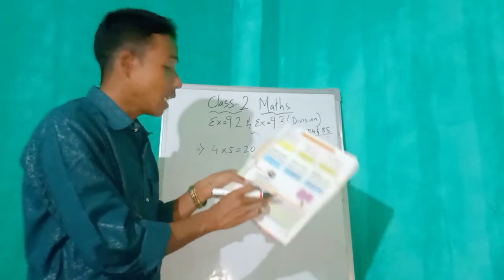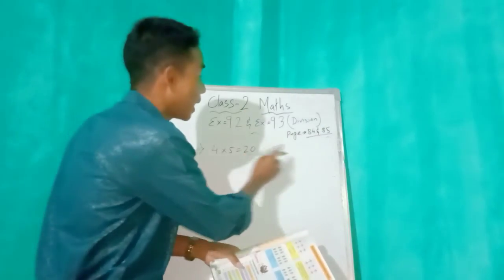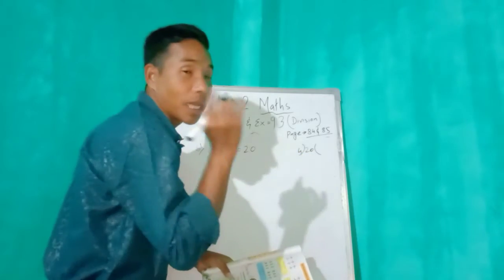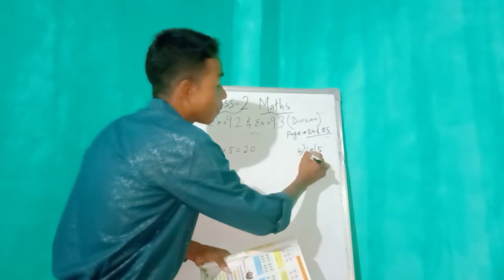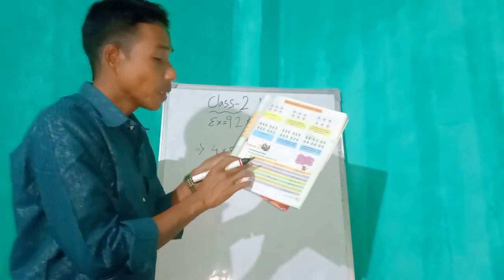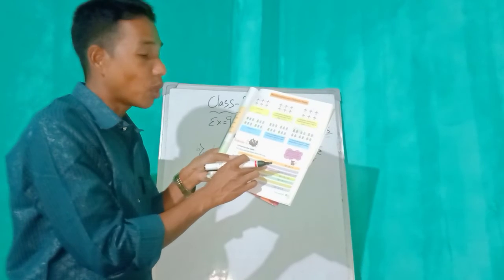So 20 is divided by 4. If you divide 20 by 4, that means in 4, in which place will we get 20? So 5. Like this. So 4 into 5 equals 20. So 20 divided by 4 equals 5.